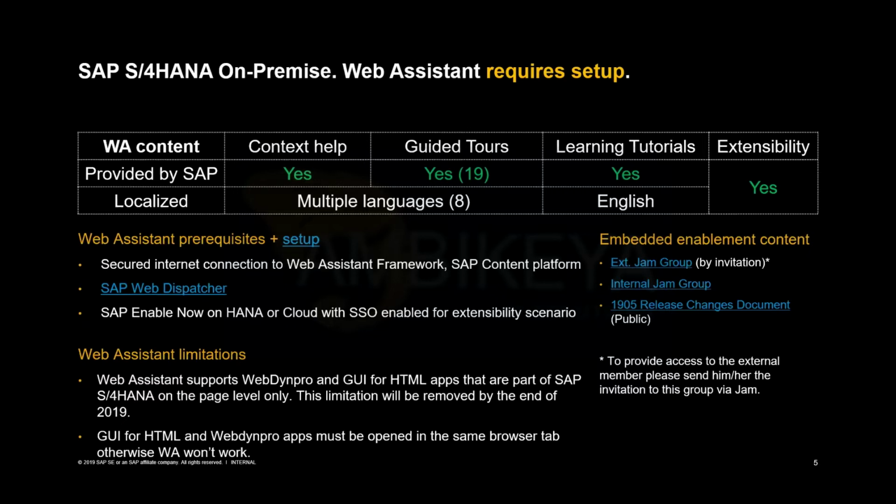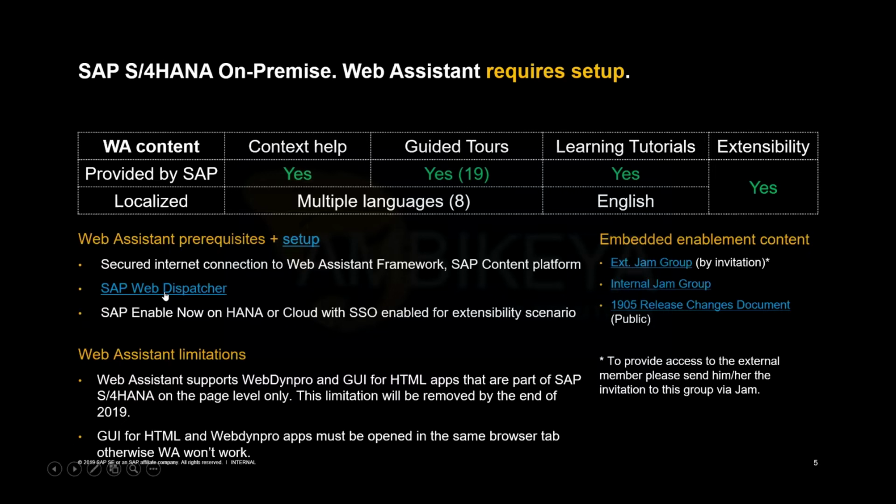Now, you'll be happy to hear that this piece, the web dispatcher piece, is going away. This is part of the roadmap. I hope that the web dispatcher requirement will be removed by 19/11, so November, but this may be pushed out until February.